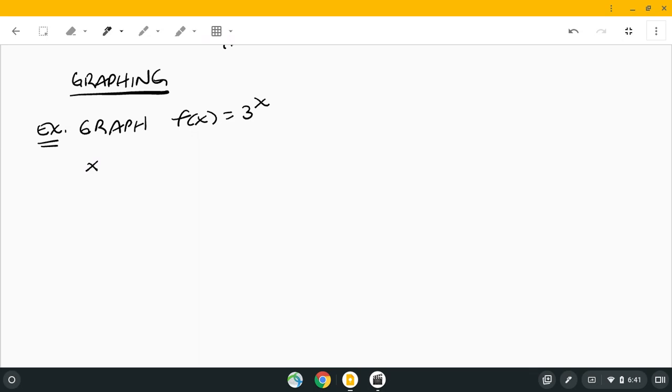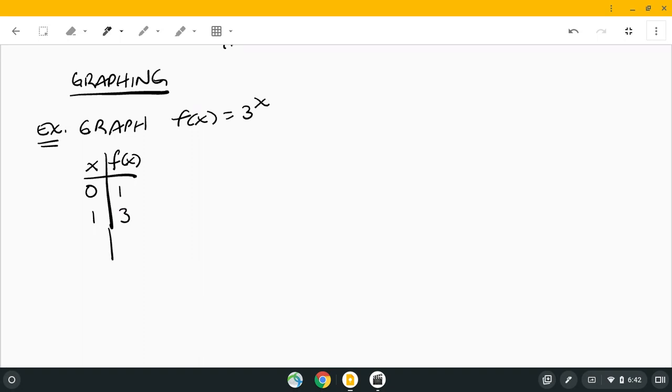All right, so if I make a table of values here, you can say f of x. If you're used to y, then use y. When x is 0, 3 to the 0 is 1. When x is 1, 3 to the first power is 3.